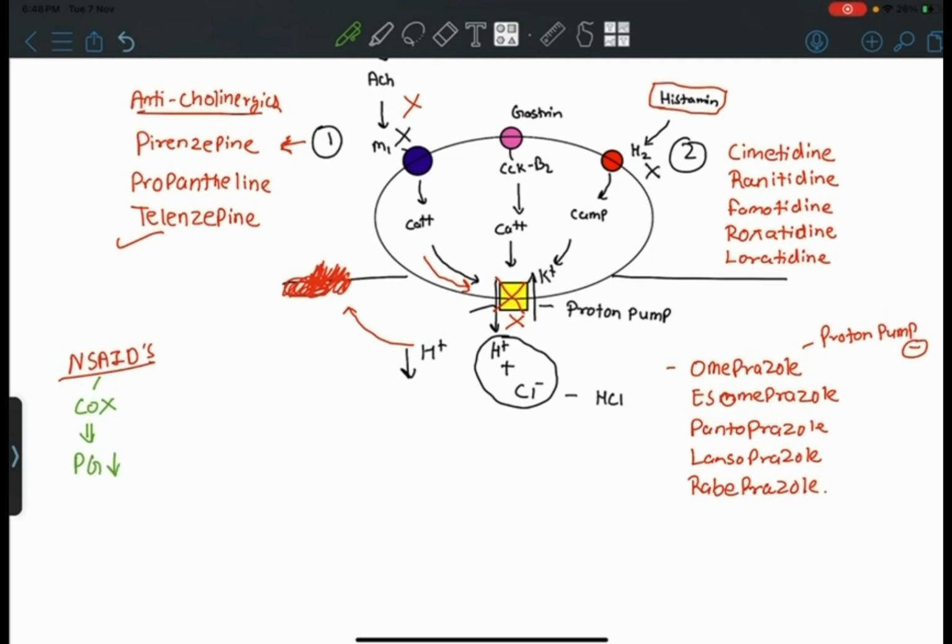And what is the work of the prostaglandin? It protects the lumen of our stomach from the acid. Why? It increases the mucous membrane and it also inhibits the proton pump. Not like that inhibit, but it regulates the proton pump.